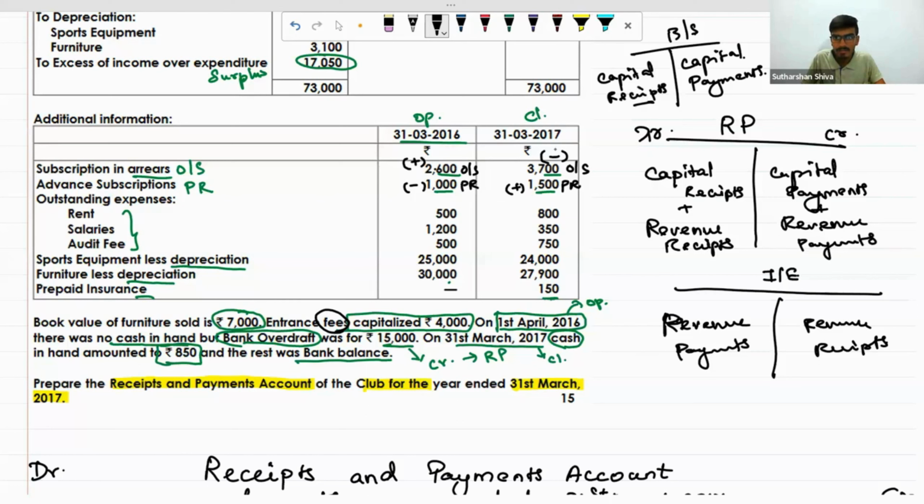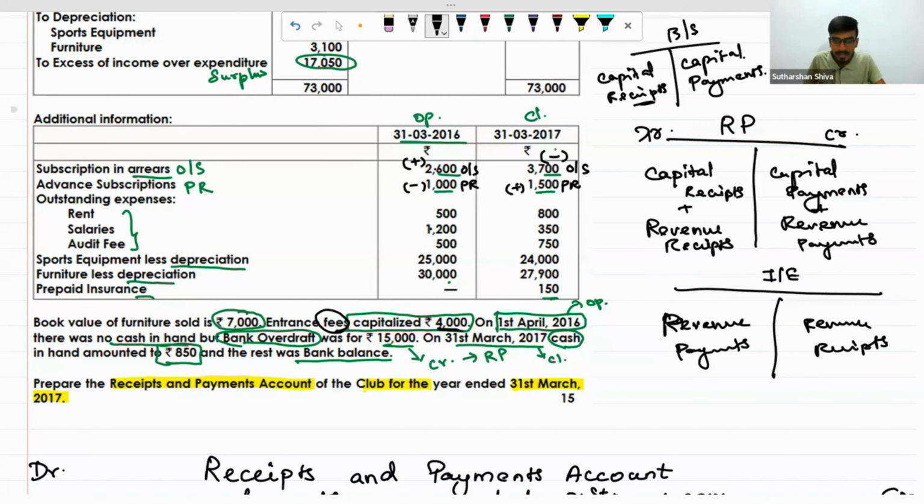Bank loan and everything comes under capital receipts. Creditors is a capital receipt item. The assets which we are purchasing are capital payment items, capital expenditure items. So that's how the two-fold approach, the double entry system, will work. Once you remember this, the entire NPO will become easy.